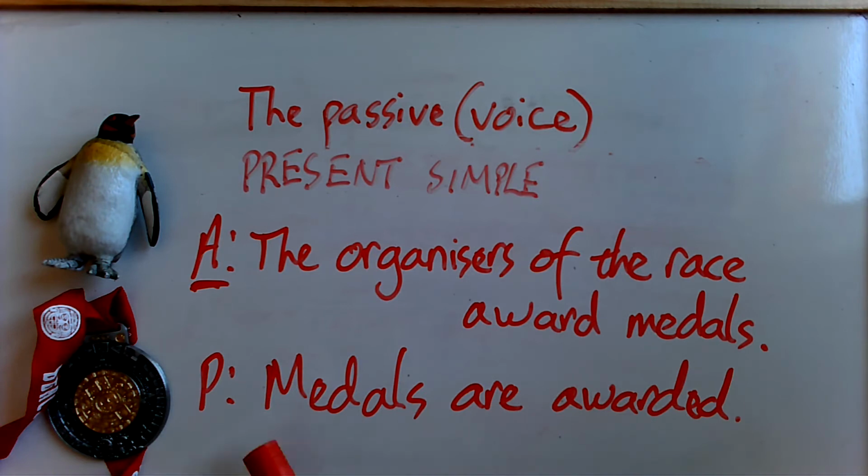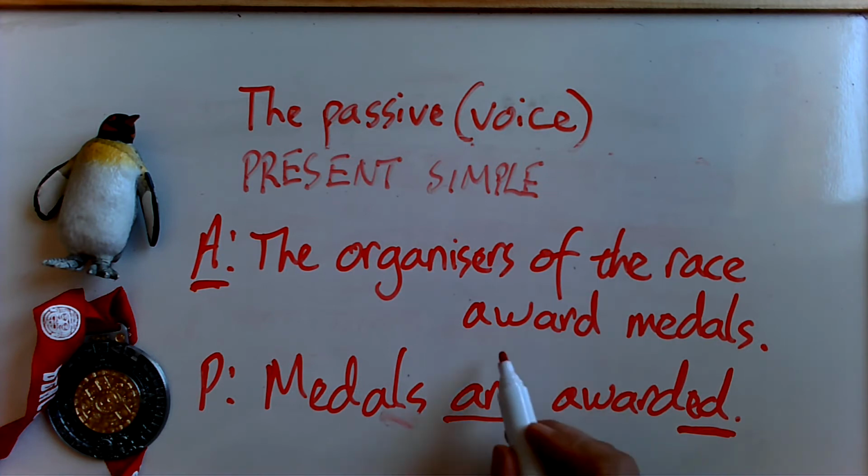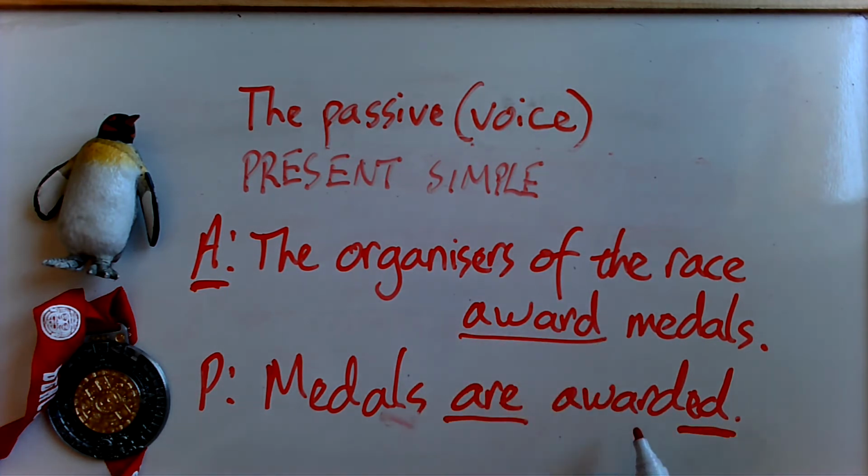So we don't really want the sentence in the active form. In this case, we change it to the passive by using "are" as the form of the verb to be, which needs to agree with the plural of medals. Many medals, so to be in the present tense, third person plural, is "are". Medals are awarded. The past participle of the verb to award is regular. It moves to the end of the sentence.